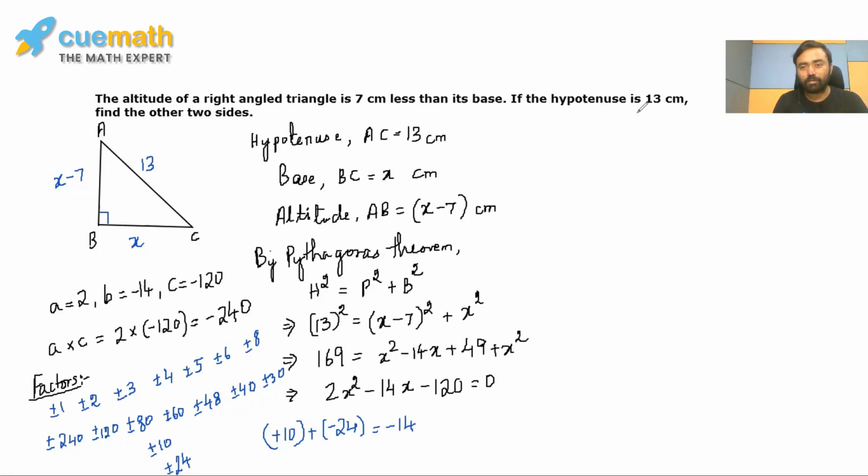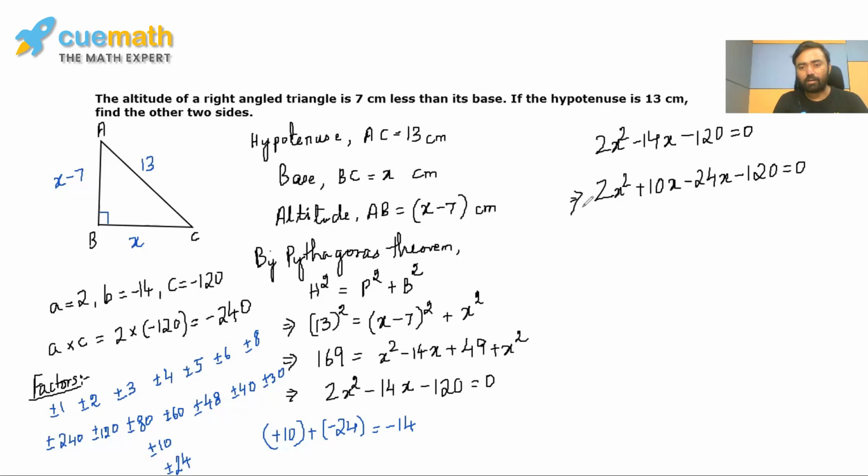So let me rewrite this equation here. 2x square minus 14x minus 120 is equal to 0. Now we've got the two terms which the middle term is going to be split into. So 2x square plus 10x minus 24x minus 120 is equal to 0.